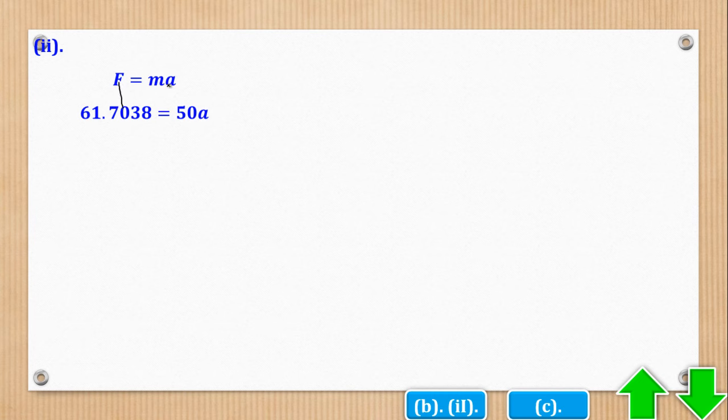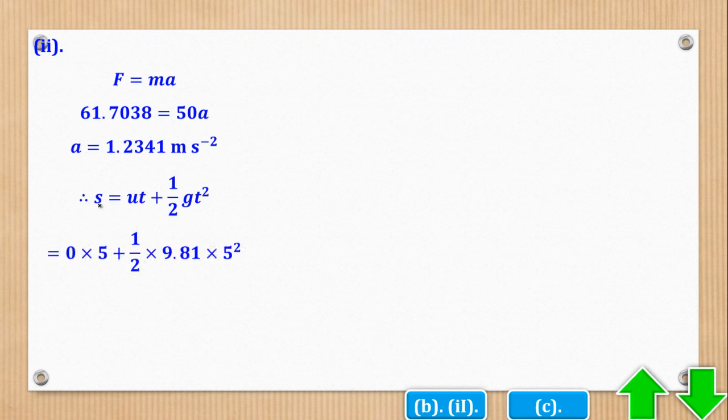We have got the resultant, we have the mass, so we can get the acceleration, which is that. Then from there we can come to the second equation of motion and substitute u, which is 0, the acceleration, and the time taken. Then from there I can know the distance traveled.